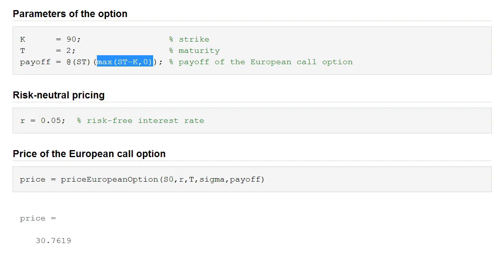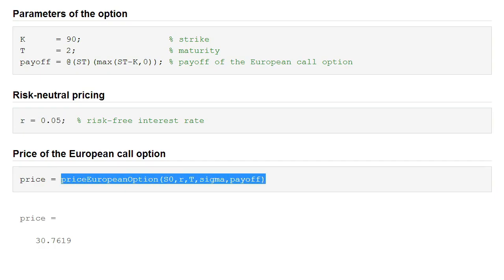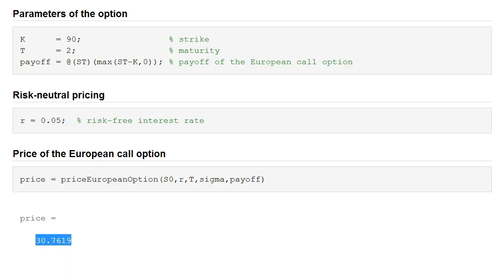We're doing risk-neutral pricing, and we have a 5% interest rate. Finally, this is the evaluation of the function that computes the price. We get a price of 30.76.